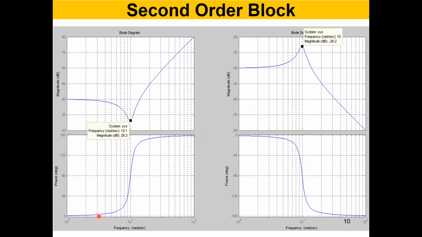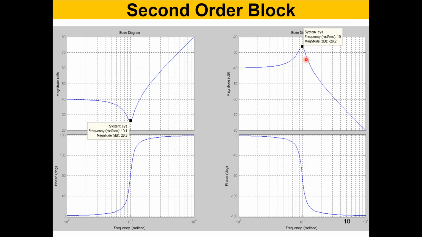And if you look at the pair of poles, you start with a negative gain of 40, negative 40 this time, right? It will stay at the same level for some time, and then when you reach 10 radians per second, which is the natural undamped frequency of the plant, of the block, you get a sudden change in the magnitude, right?